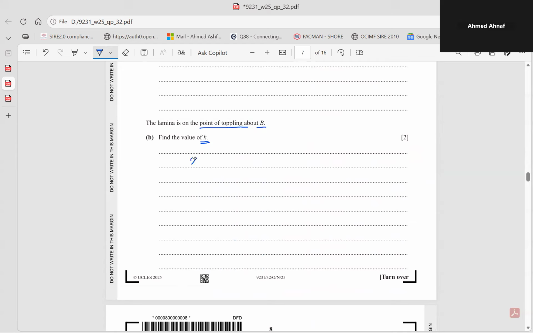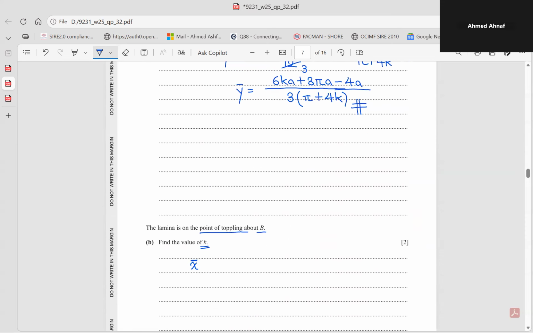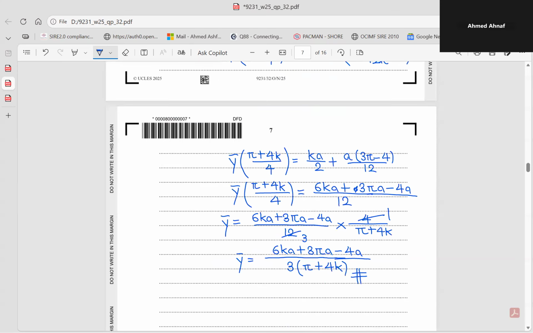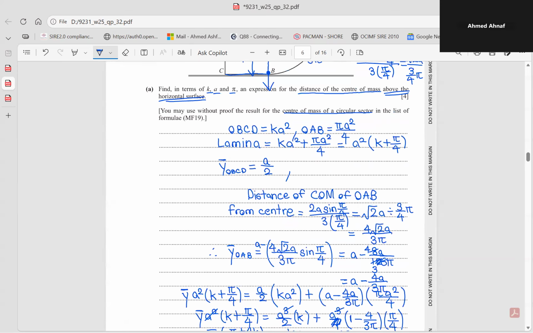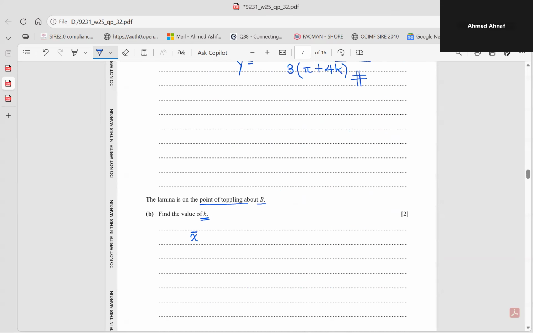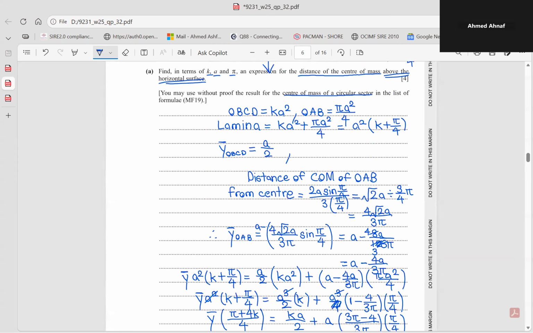The process of finding x bar is very similar to finding y bar. So x bar, just like finding y bar, you multiply by the area of the lamina, which is a squared times k plus pi over 4.